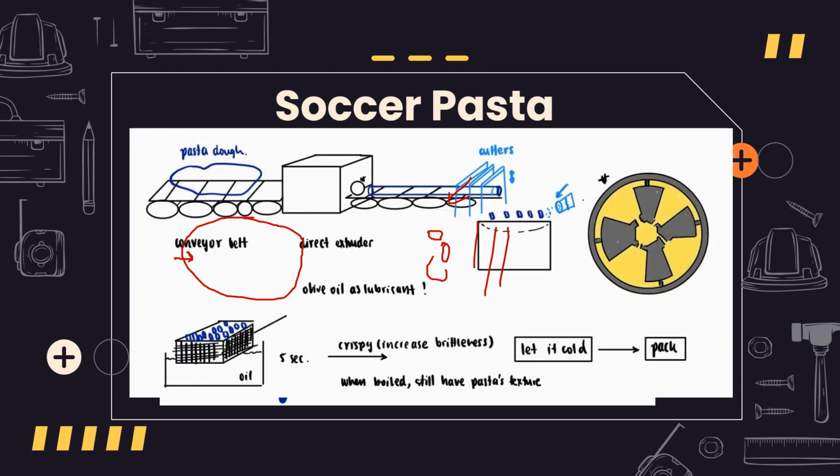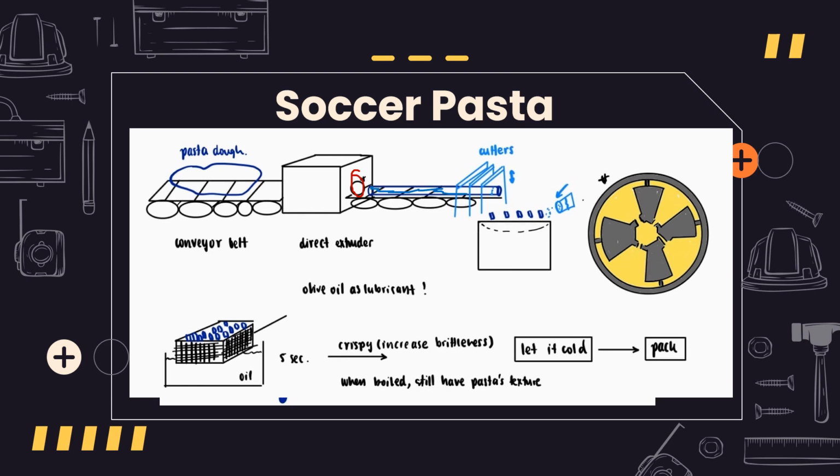Here there's a more detailed photograph of the process. I'm gonna erase this. Sorry. So we have our conveyor belt and the pasta dough, which will enter the direct extruder machine. Here we have the extruded pasta, which is drawn in blue, but it cannot be seen.